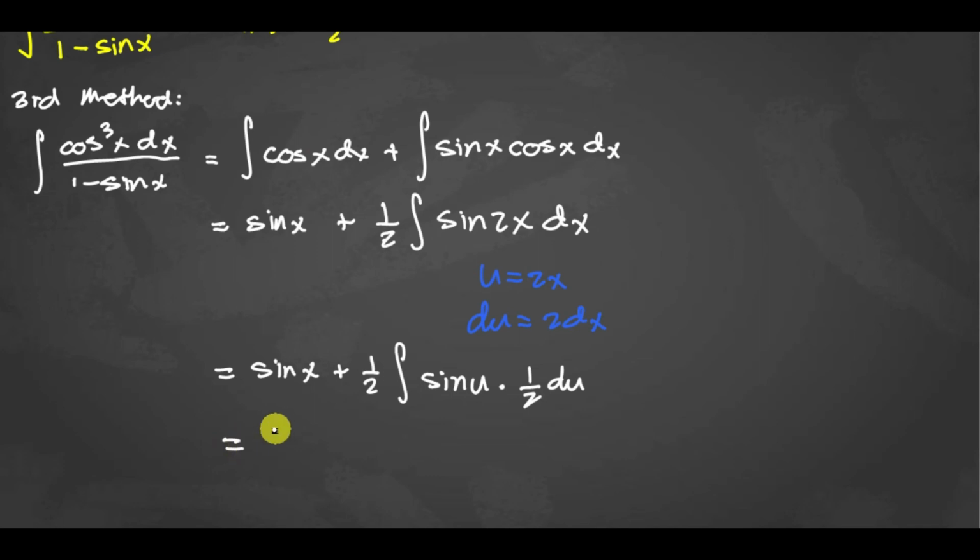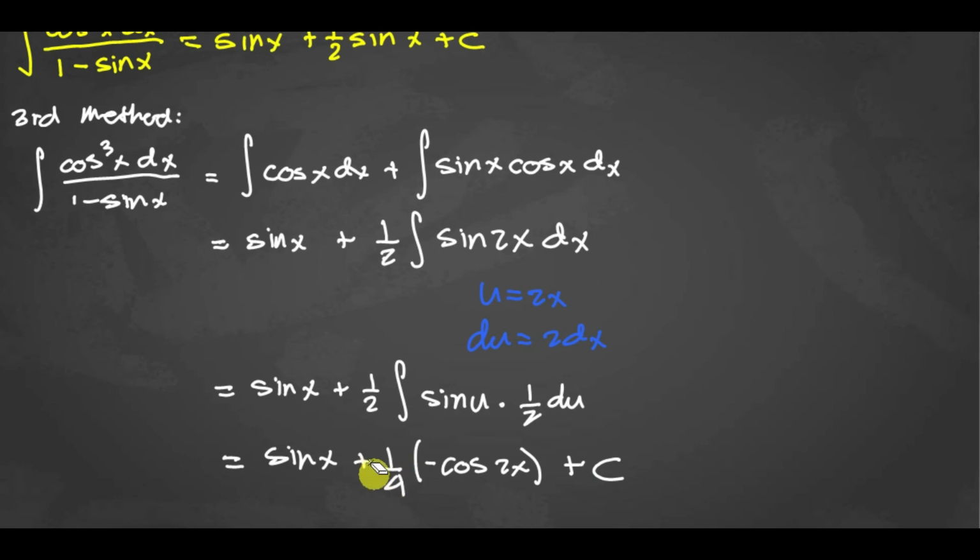Then simplifying, sin x plus, this will become 1/4 integral of sin u, which is negative cos u, where u is 2x, plus c. Simplifying our final answer, this will become negative 1/4 cos 2x plus c. This is also true. Sin x minus 1/4 cos 2x plus c is also equivalent to our final answer of our first method, sin x plus 1/2 sin²x plus c.